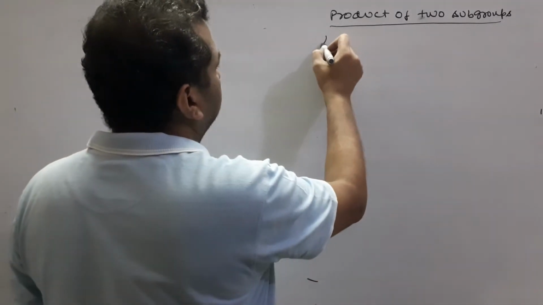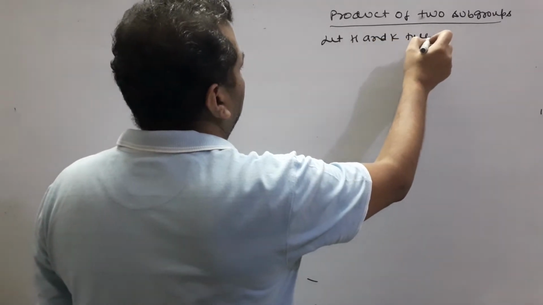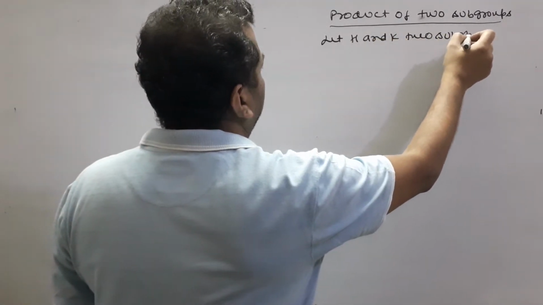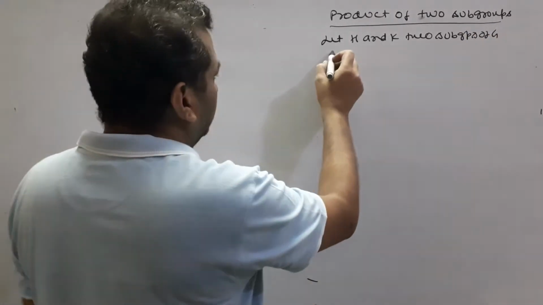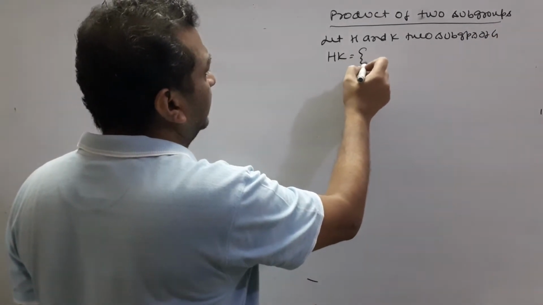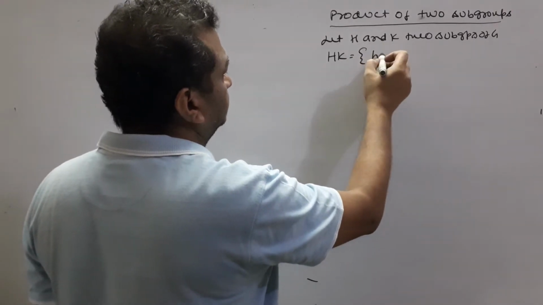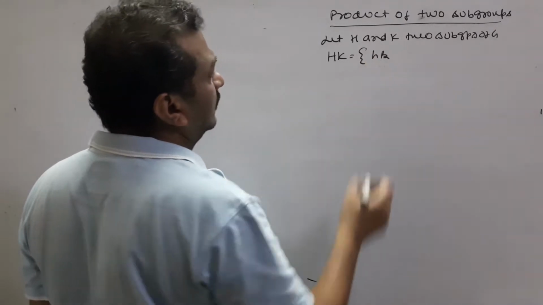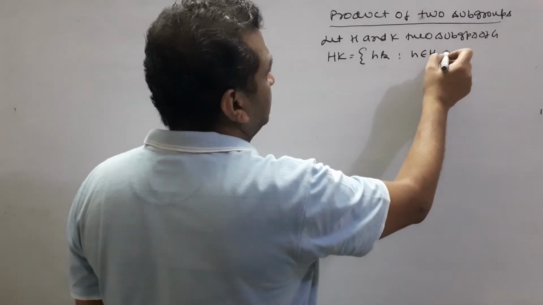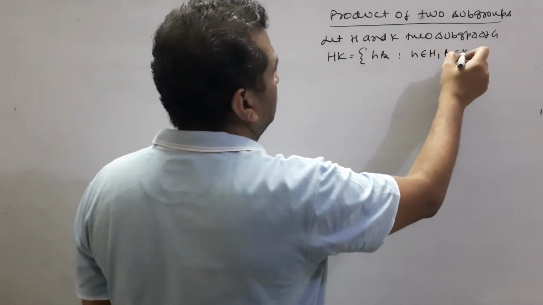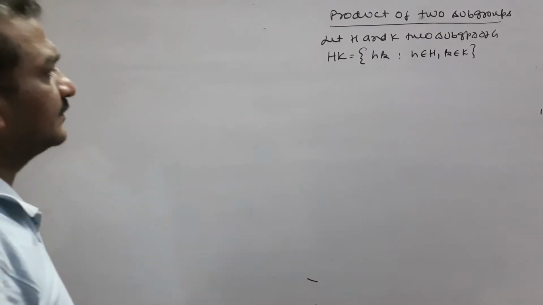Let H and K be two subgroups of a group G. Then HK, we write small hk, such that h belongs to H and k belongs to K. Okay beta, clear?